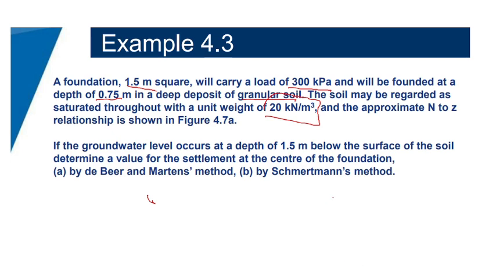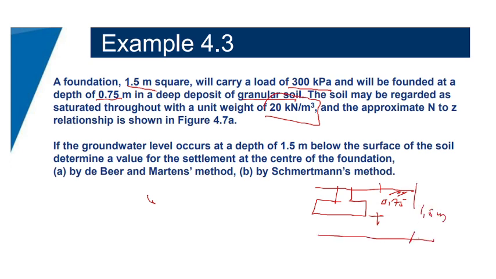So in other words, if you have this footing, this is 0.75 according to this problem, and 1.5 is here, which is your groundwater table.